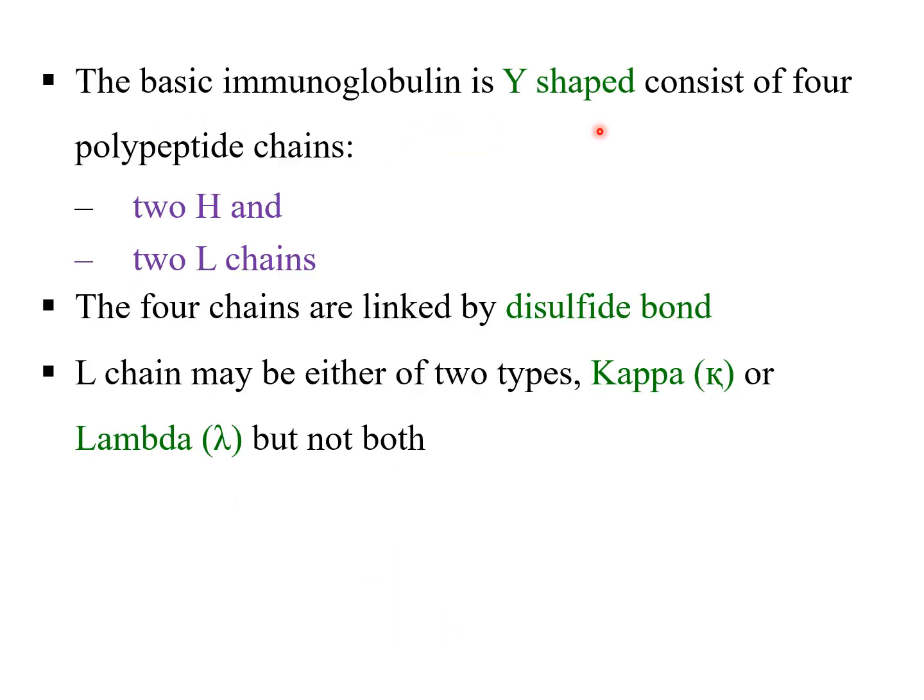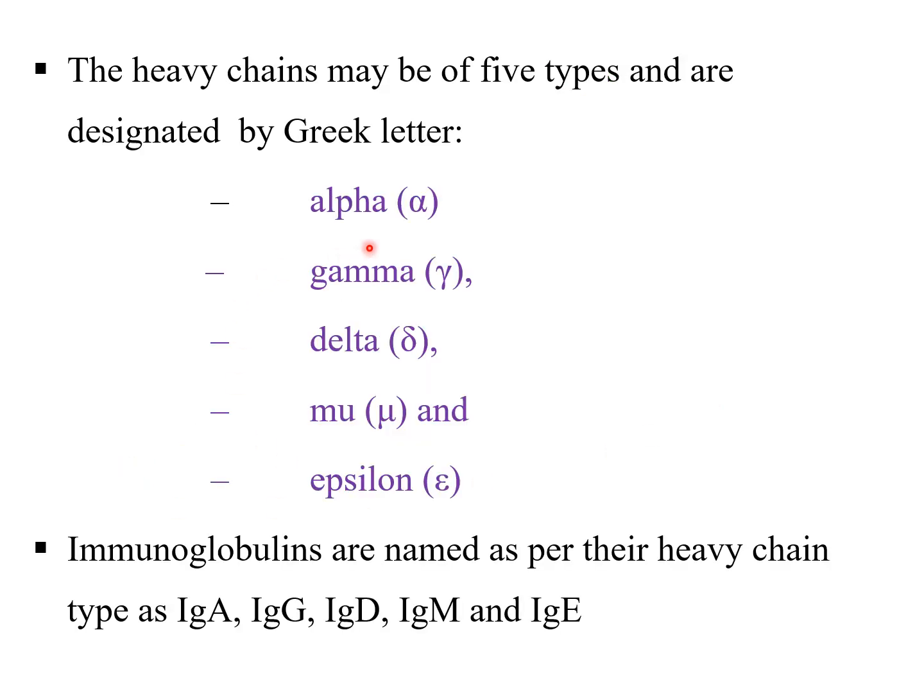The basic immunoglobulin is Y-shaped, consisting of four polypeptide chains, the two H chains and two L chains, H for heavy, L for light. The four chains are linked by disulfide bonds. The L chain may be of two types, kappa or lambda. Similarly, the heavy chain may be alpha, gamma, delta, mu, or epsilon type.